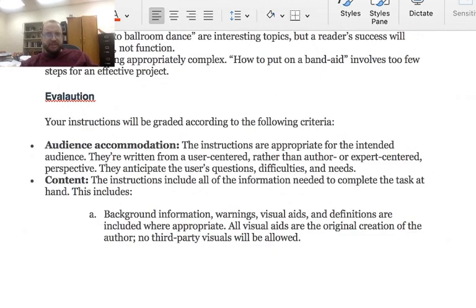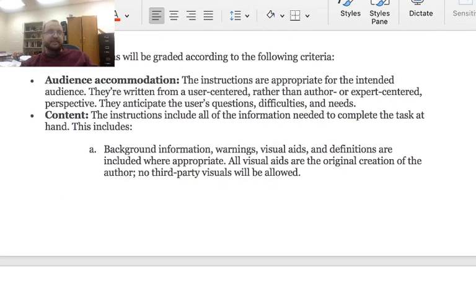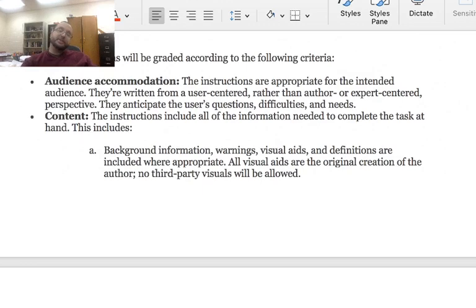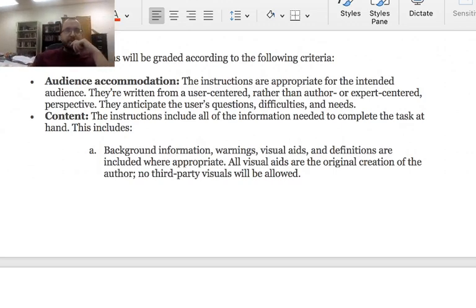So I've mentioned what your audience is. Like I said, think of the lowest common denominator, or if it's a specific type of audience, make sure you clarify what the audience needs to know before they do this task. But in the content of your instructions, and this applies both to the spoken presentation form as well as the written document, you need something there explaining what a person needs before they start your task.